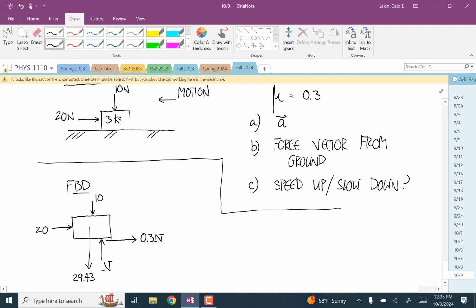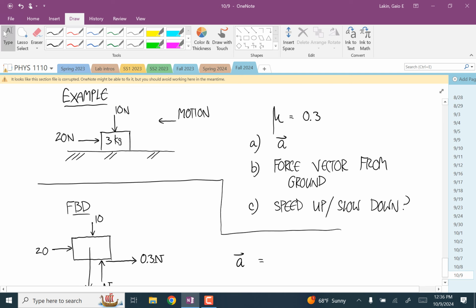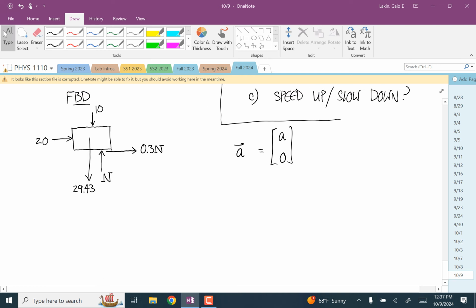So now we have to figure out the direction of motion. Is this free to move along X or Y? X, so I'm going to write this as A, 0. And now Newton's second law. The 20 is in the positive X, so that as a force vector is 20, 0. The 10 is in the negative Y, so 0, negative 10.